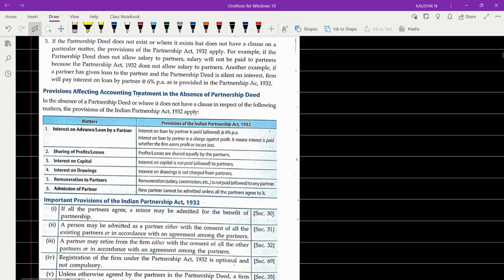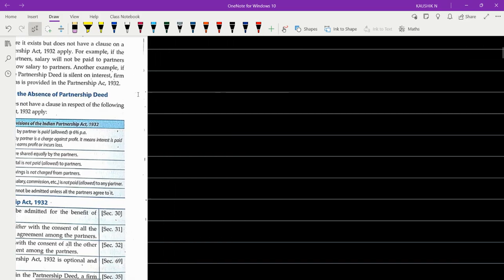Okay, so now it's the discussion about the provisions which are going to be applicable when the partnership deed is not there.